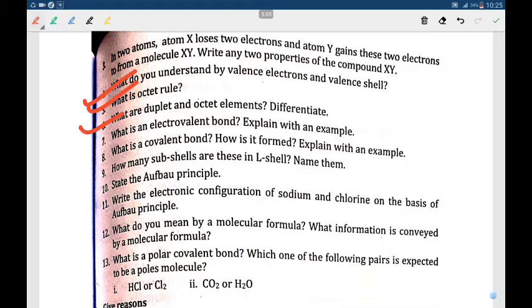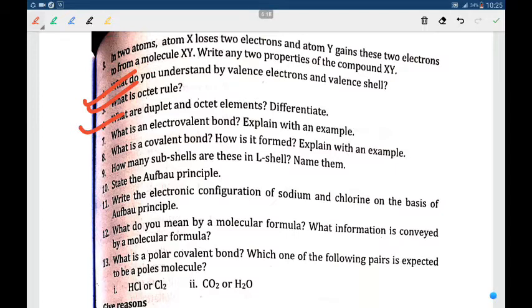Number 6. What are duplet and octet elements? Differentiate is given. Duplet elements are those which contain only one shell and possess 2 electrons in it.